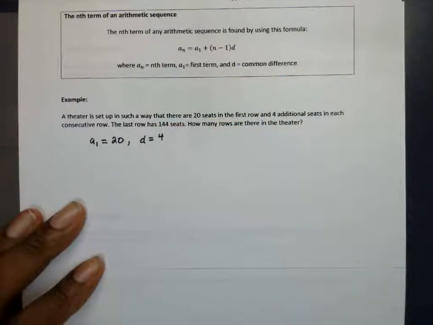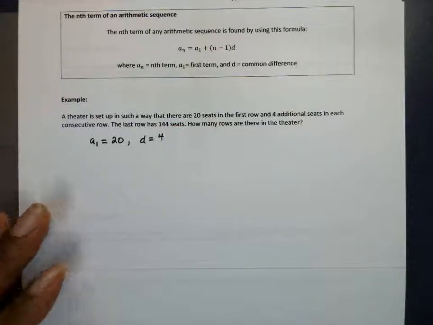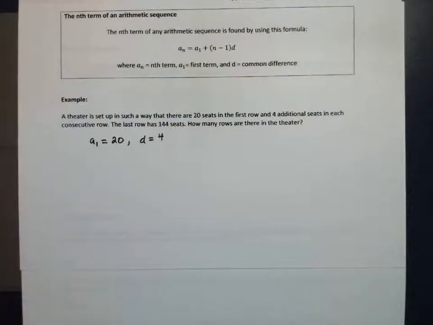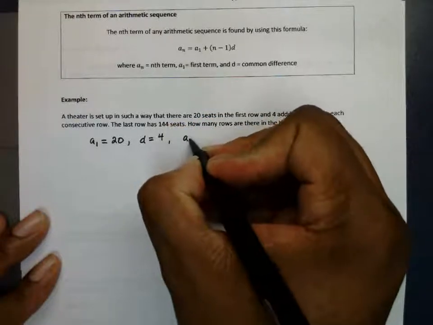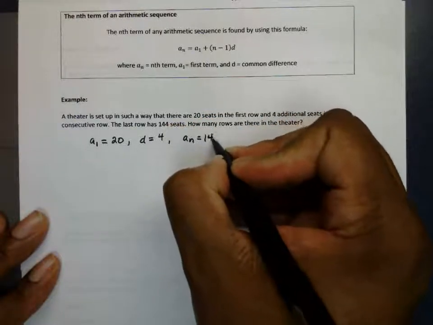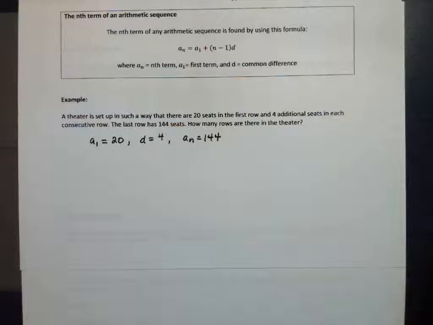And of course, the last row has 144 seats. We want to find out how many rows there are in the theater. That's going to be your a sub n, which is 144.